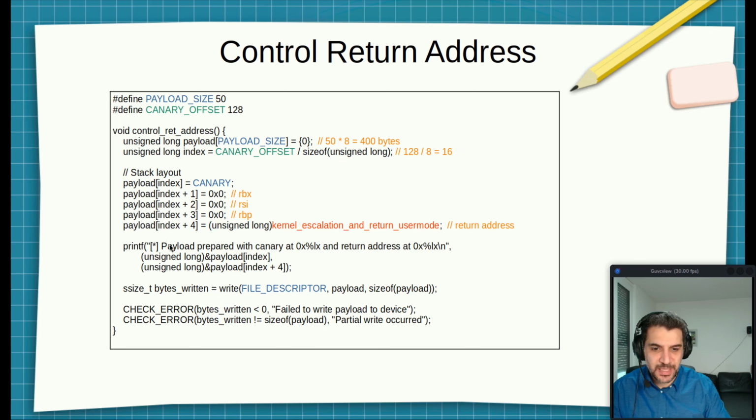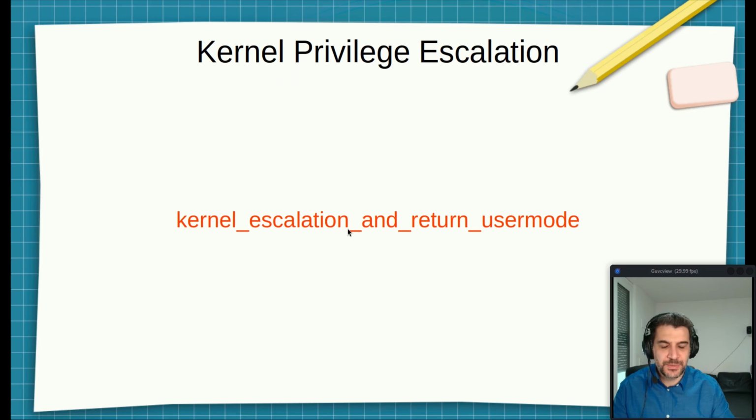After that, when the payload is ready, you see I'm writing the payload to /dev/hackme using the file descriptor. So this is the first function here. Let's talk now about kernel escalation and return to user mode.